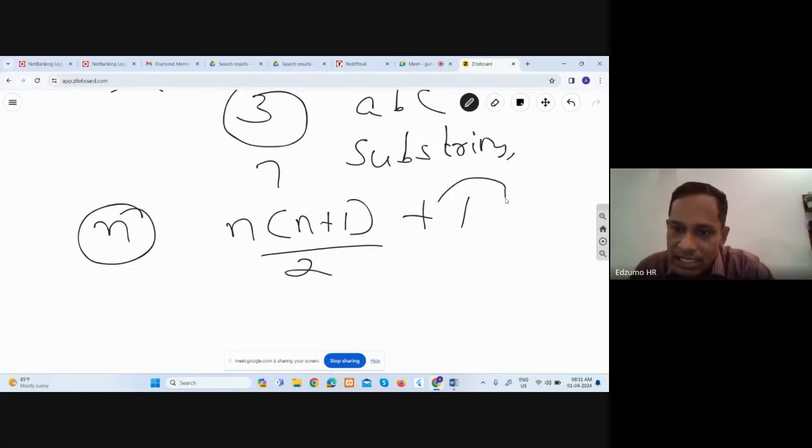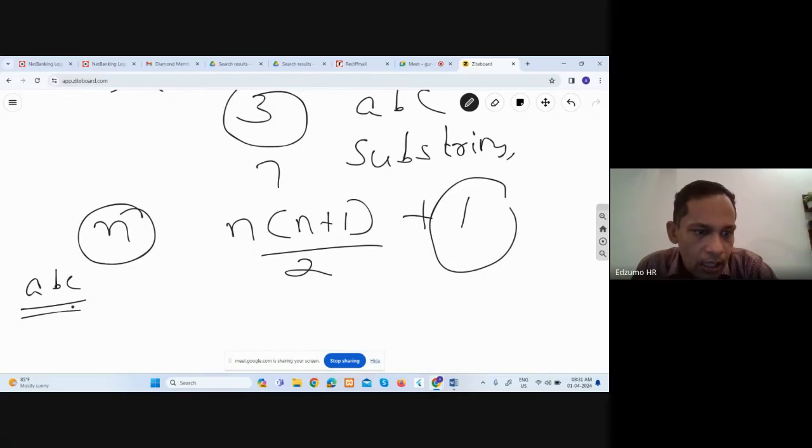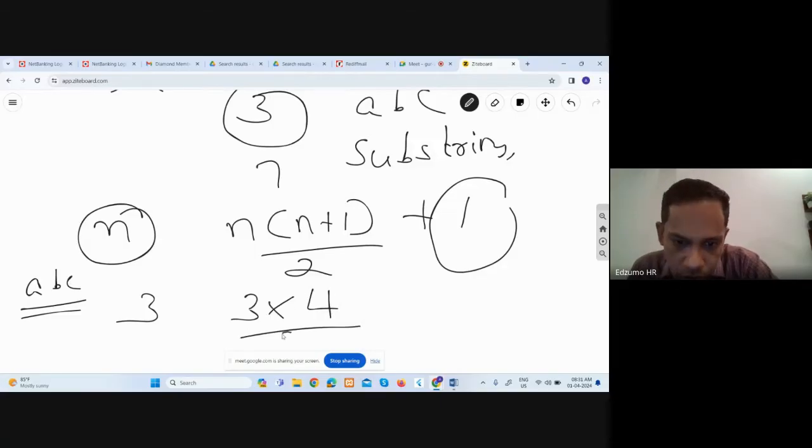This counts epsilon as well. Now, for the string ABC, what is n here? The number of characters in the string. This is 3. So n is 3. So n+1 is naturally 4, 4 by 2 plus 1. So you get 7 substrings.